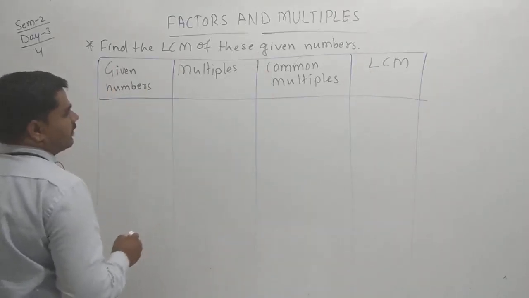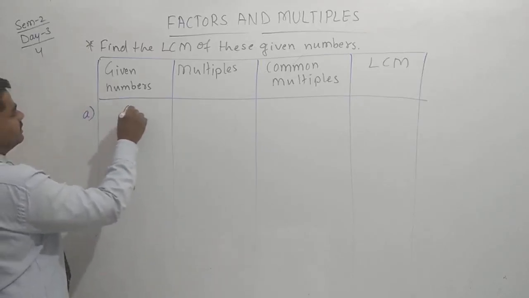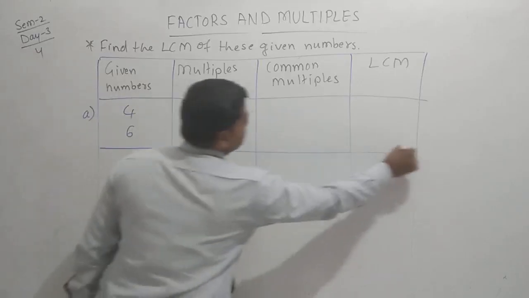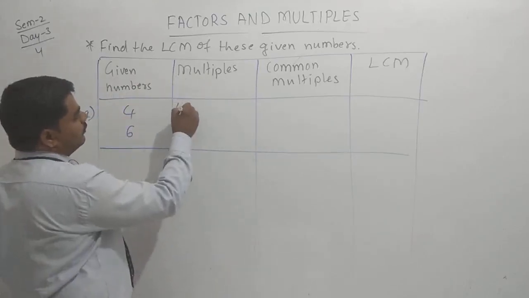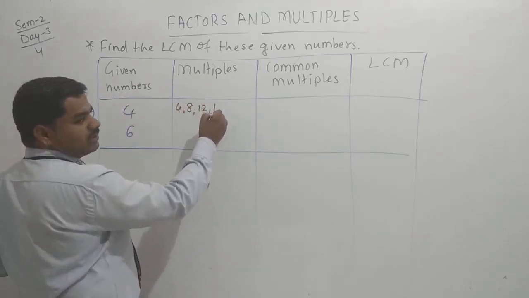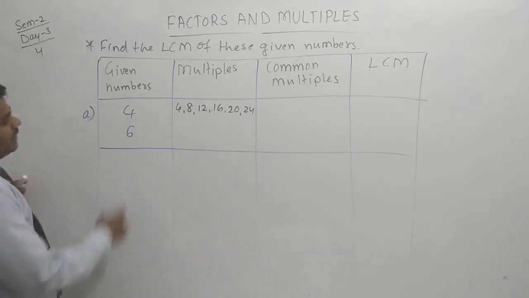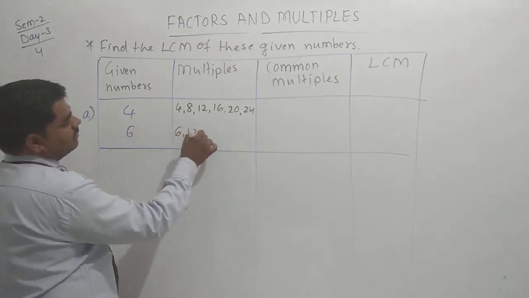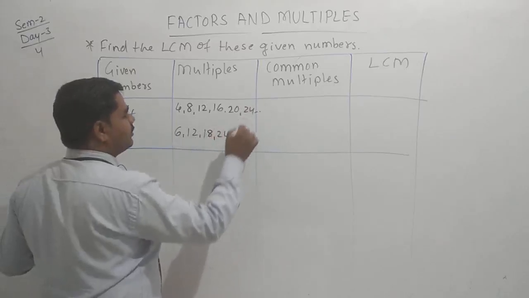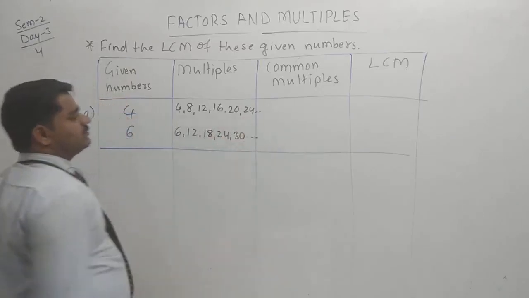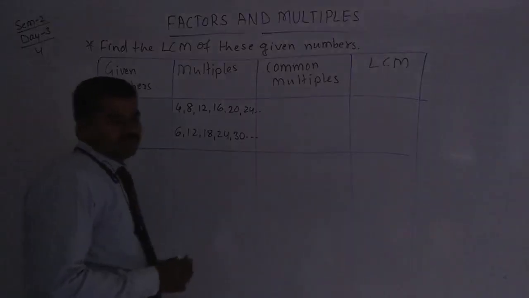The given numbers are first 4 and 6. The multiples of 4: 4, 8, 12, 16, 20, 24. The multiples of 6: 6, 12, 18, 24, 30 like this. Here, which are the common? If you want, take only 2 or 3.